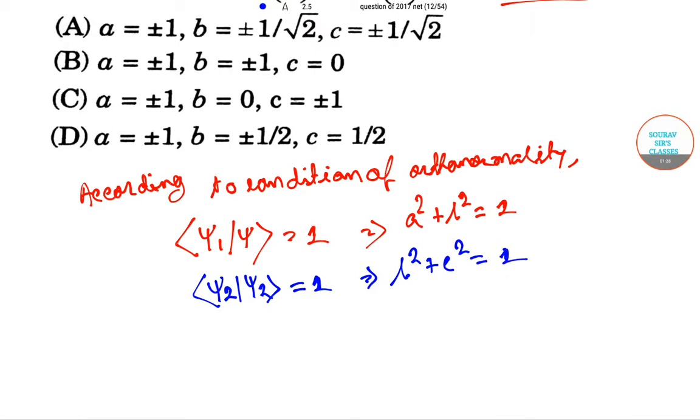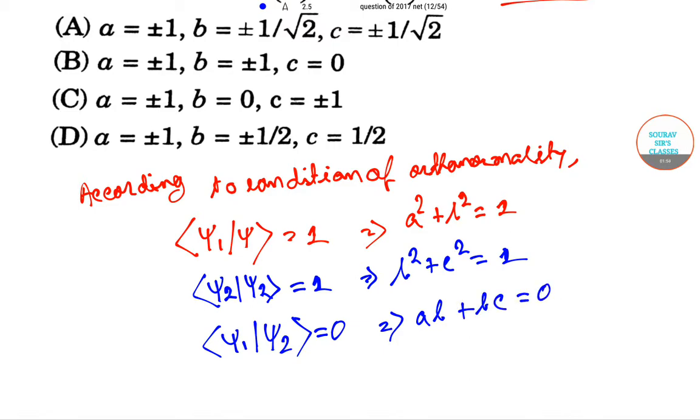And the last one is the bra of psi 1 with ket of psi 2, which is equal to 0. So that means a into b plus b into c is equal to 0.